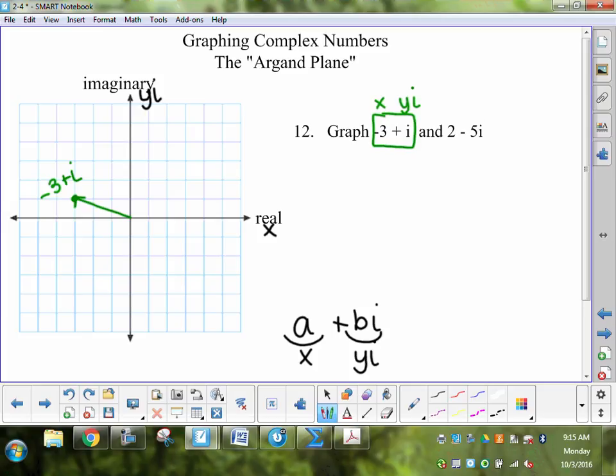So this would be over 2, down 1, 2, 3, 4, 5. So this would be 2 minus 5i. Now I'm going to sketch from here to here a line, actually a ray, a vector going from the origin to that value. Questions on that? If you don't draw the ray, it's not wrong, or it's not correct.